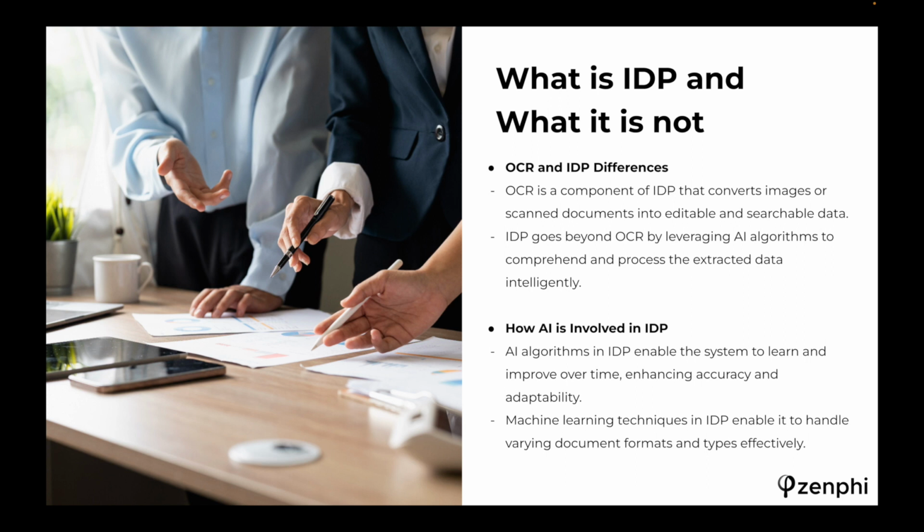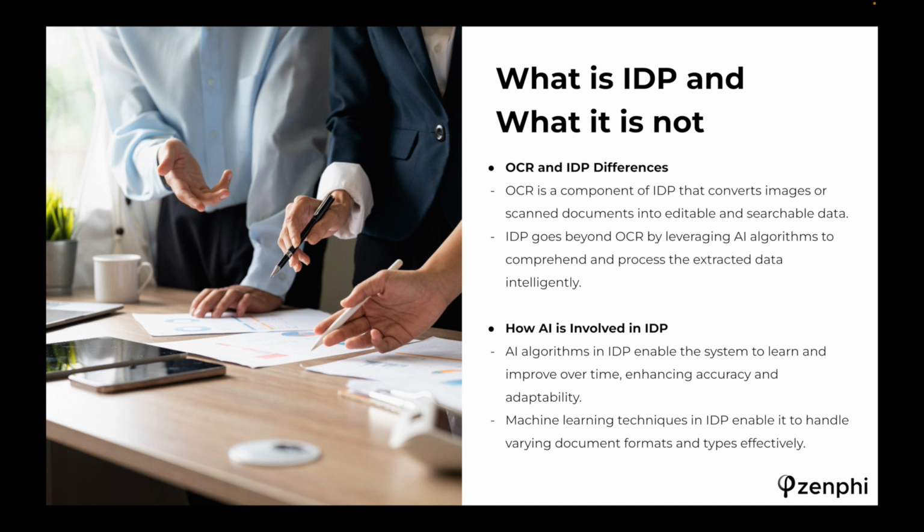One of the common questions we normally get is, what's the difference between OCR and IDP? Basically, OCR is just one component of intelligent document processing. OCR enables you to extract information from a specific location on the document. So if you've got a document where the structure does not change, and you always know that the information you're interested in is going to fall into certain pixel boundaries of the document, you can use OCR.